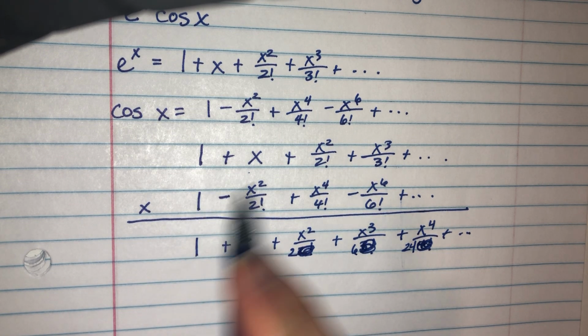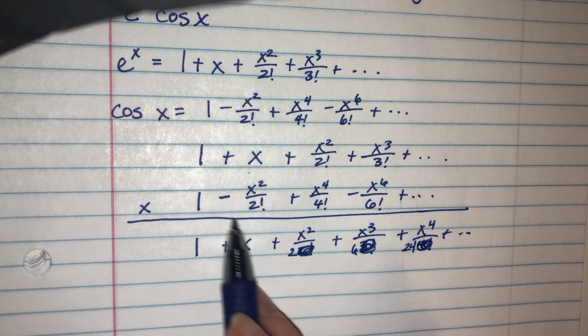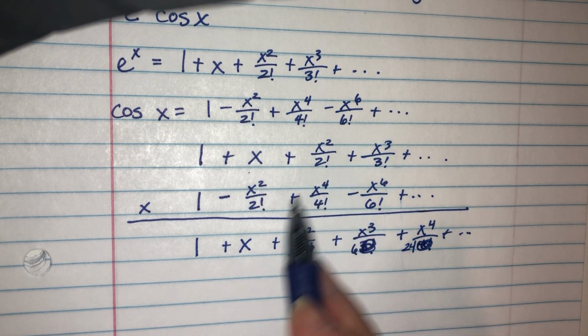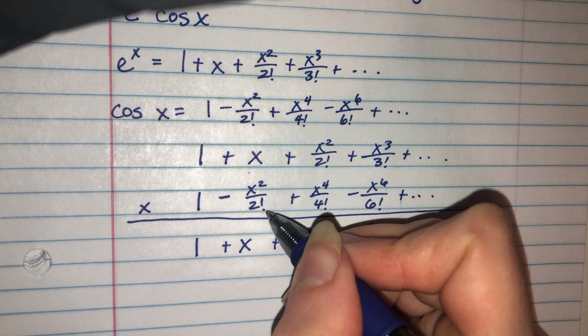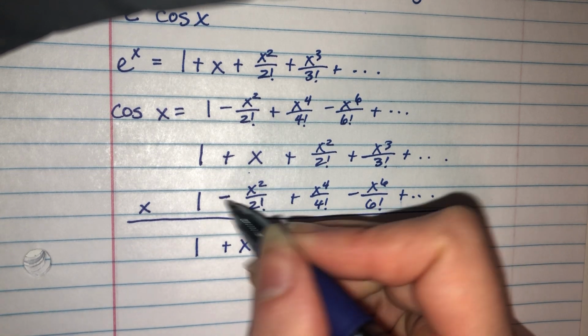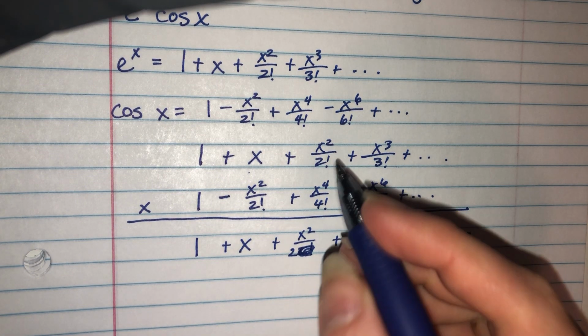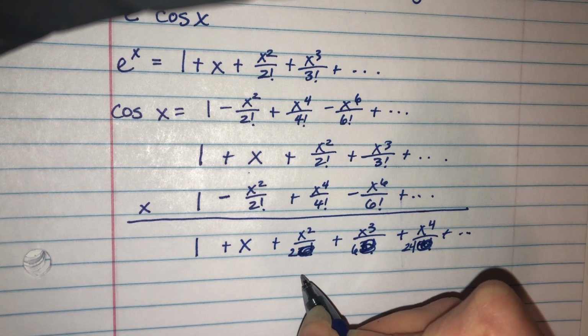Now I've multiplied 1 times each of these numbers. Now I am going to move to the second value, negative x squared over 2 factorial, and multiply it times each of these values underneath, and then we're going to add them together. So negative x squared over 2 factorial times 1 is negative x squared over 2 factorial. And I'm going to write that lining up the powers of x so that I'm combining like terms.